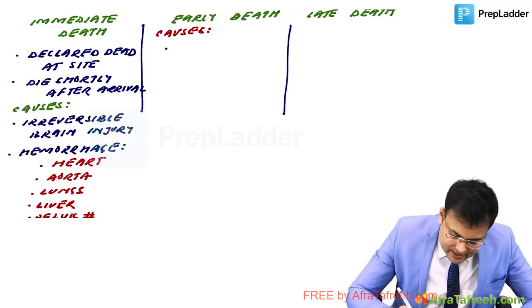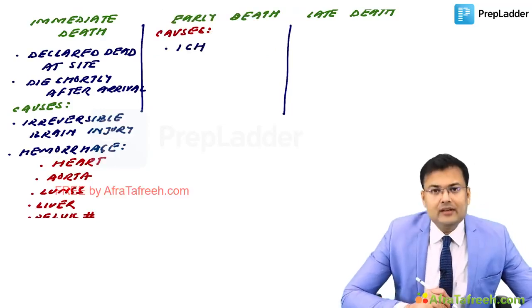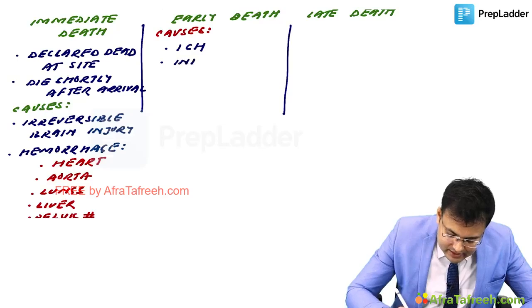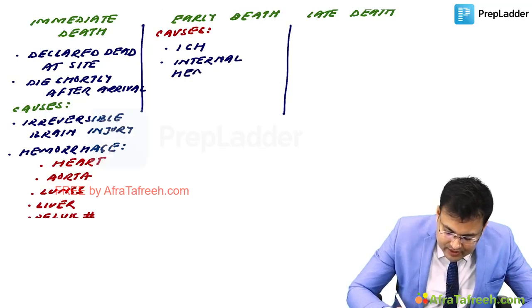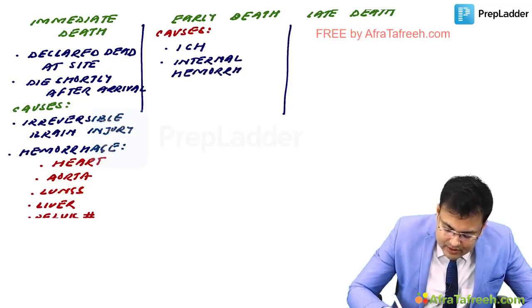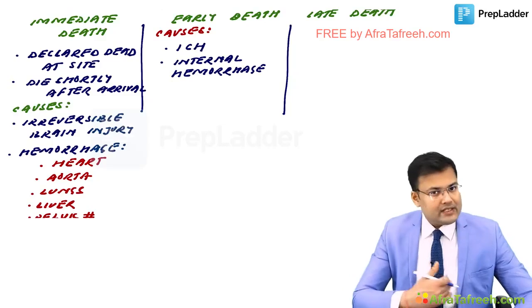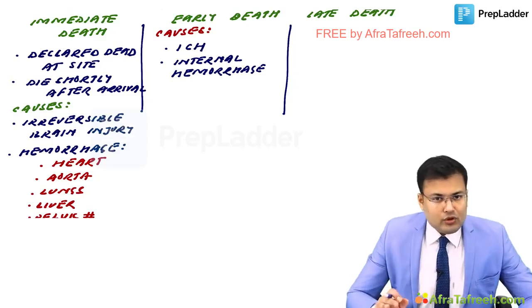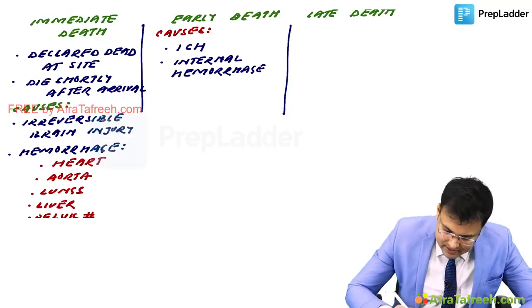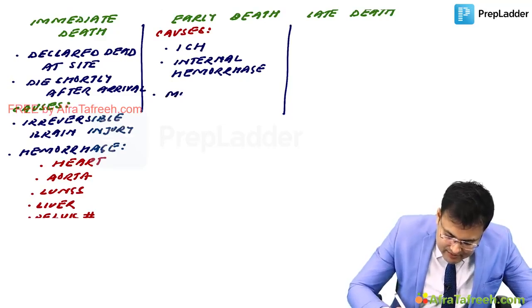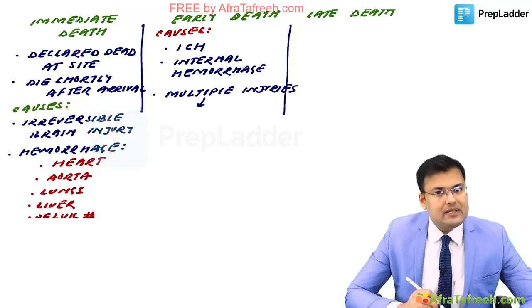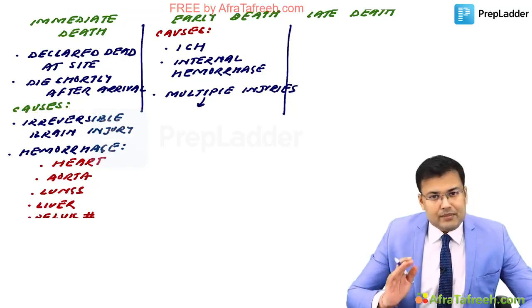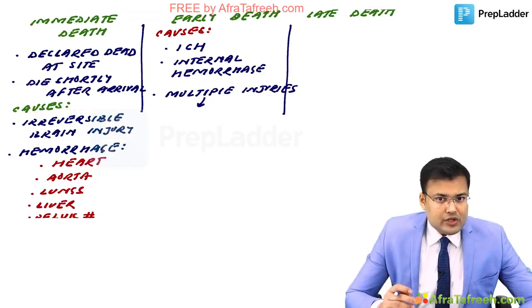So in early death, what are the causes included? First is intracranial hemorrhage. Clear? Second is internal hemorrhage, especially into which cavities? Into thorax and abdomen. So there is massive hemothorax and hemoperitoneum. Or the patients might have multiple injuries. Because of these multiple injuries, what happens? There is massive blood loss, and because of this the patient is going to develop what?